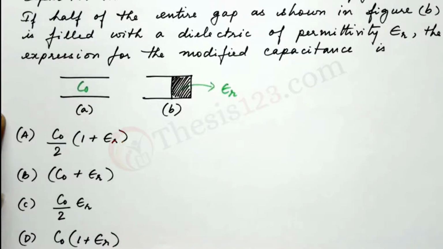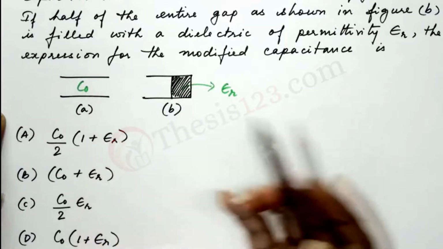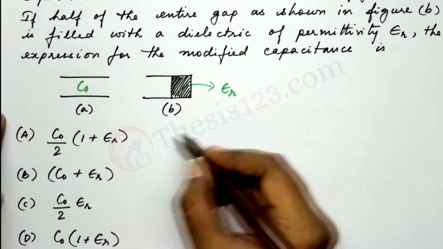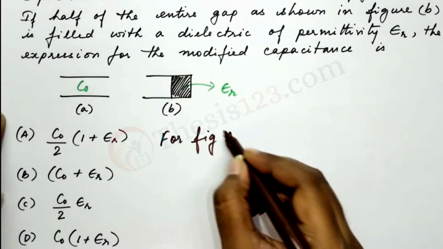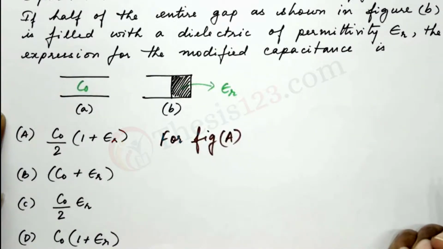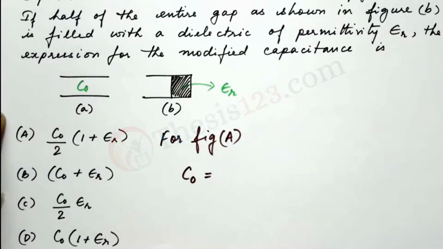Now in order to solve this problem, we will have to take a look at both the figures, A and B. Let's take a look at figure A first and write down the expression for capacitance. The general expression is the area multiplied by the permittivity divided by the separation between the plates, right?